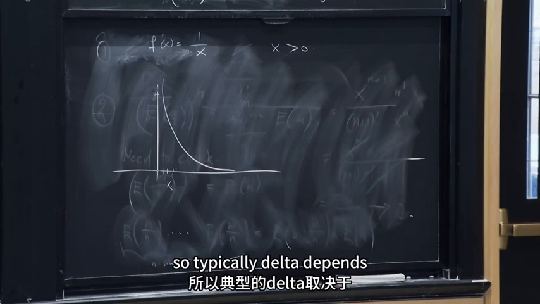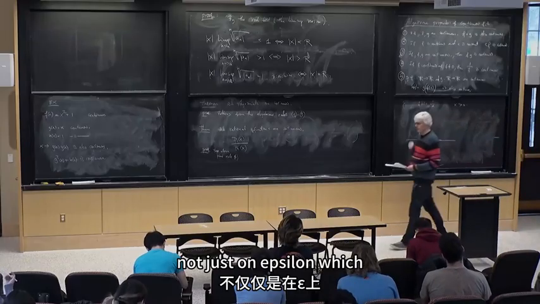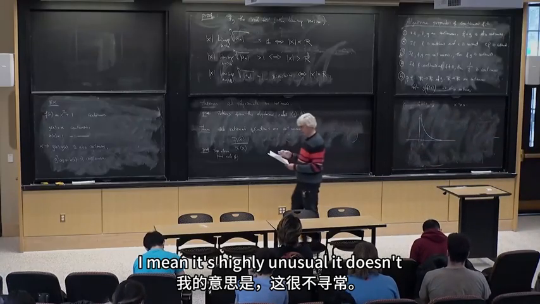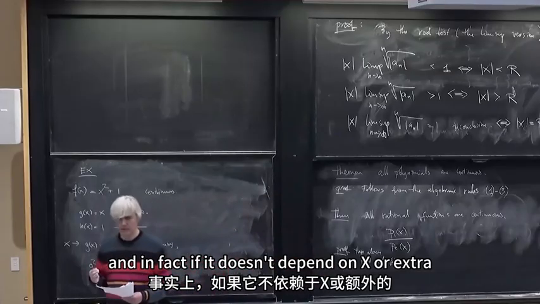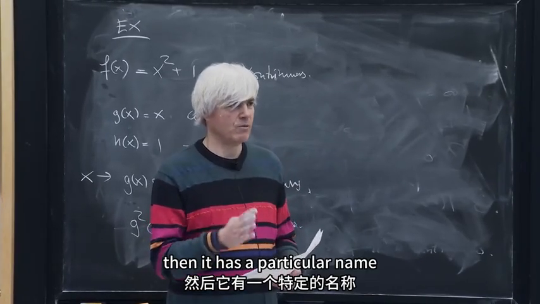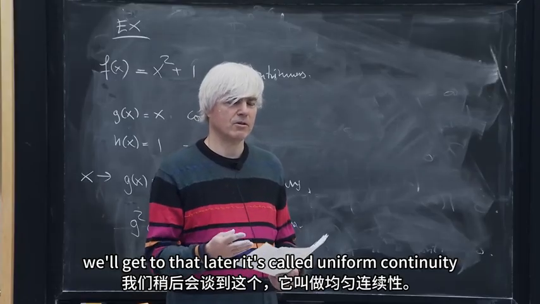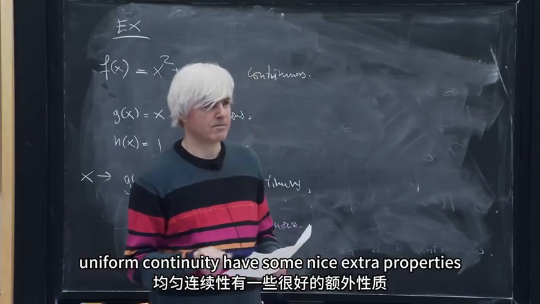So typically, delta depends not just on epsilon, though in highly unusual cases it doesn't. It also depends on x. And in fact, if it doesn't depend on x0, then it has a particular name. We'll get to that later. It's called uniform continuity. Uniform continuity has some nice extra properties.